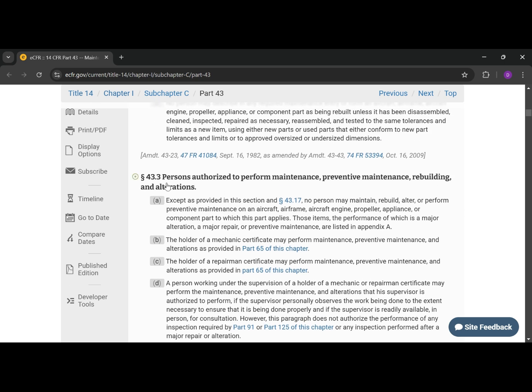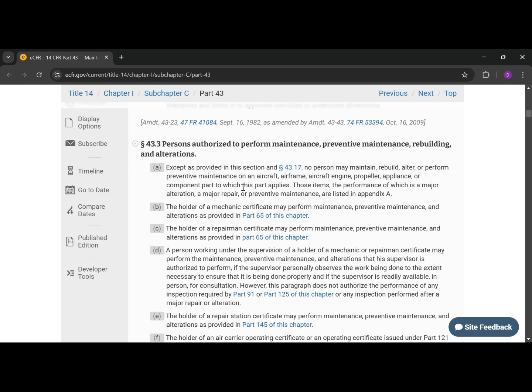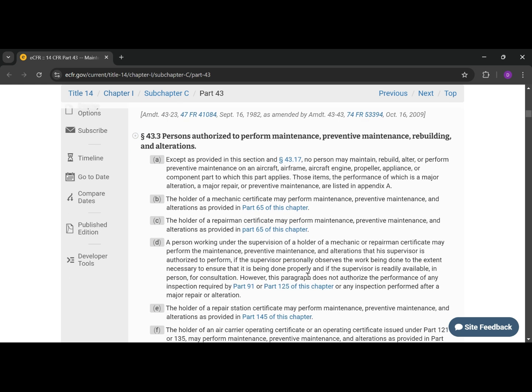43.3, persons authorized to perform maintenance, preventative maintenance, rebuilding, and alterations. So now we're getting into who can perform preventative maintenance and rebuilding and alterations.